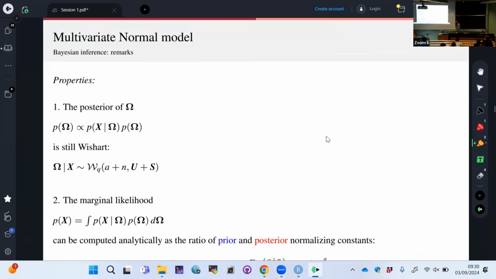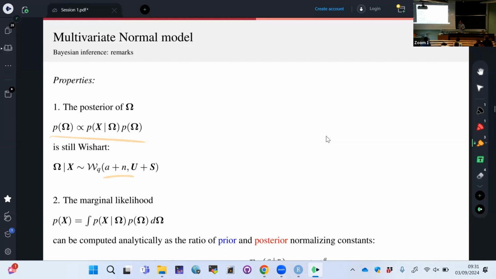If we compute the posterior of omega, which is proportional to the product between the likelihood function and the prior on omega, it is not difficult to see that this is still Wishart with posterior hyperparameters given by A plus n, where n is the sample size, the number of observations, and the posterior rate parameter U plus S: the prior rate parameter U plus what we called the numerator of the sample covariance matrix, bold S.